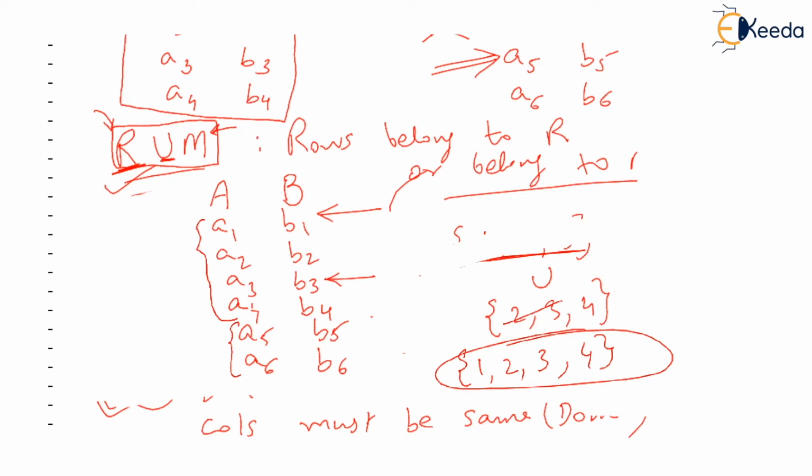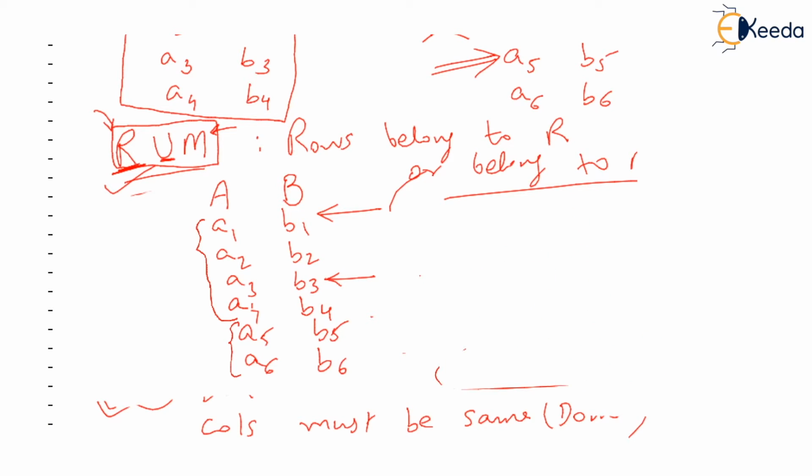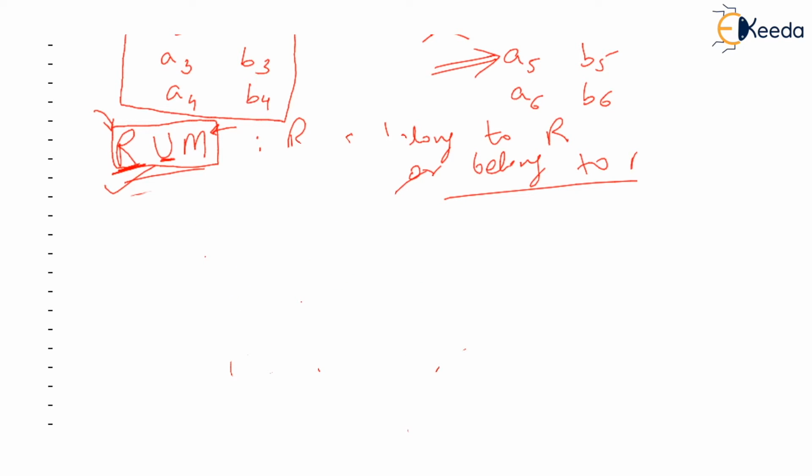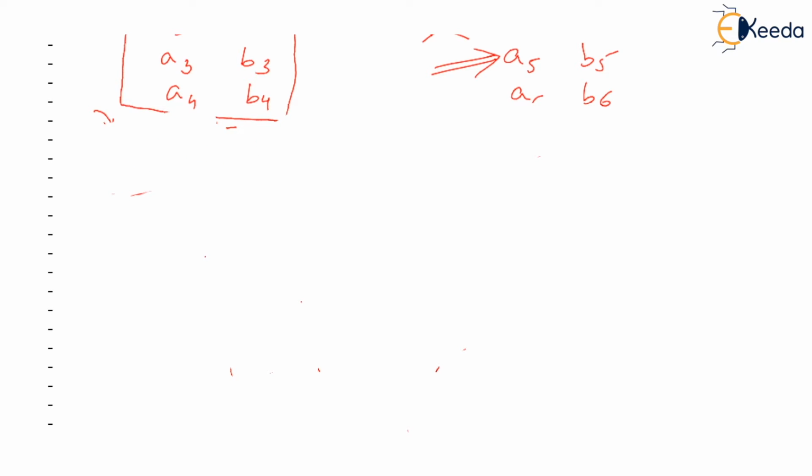Okay, that's the union operation. Now what about the intersect operation? Just imagine the intersect operation, and remember the intersect operation can be done. Why? Because both these tables are, yes, union compatible, correct? So you can do the intersect operation. So let's see what R intersect M will mean.